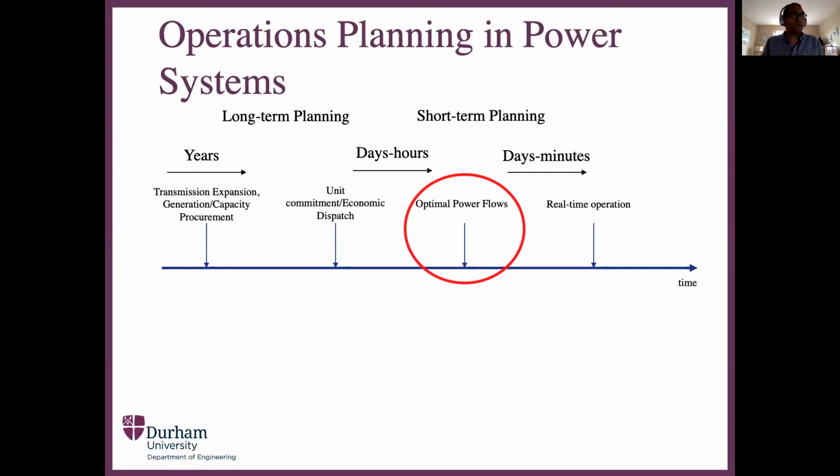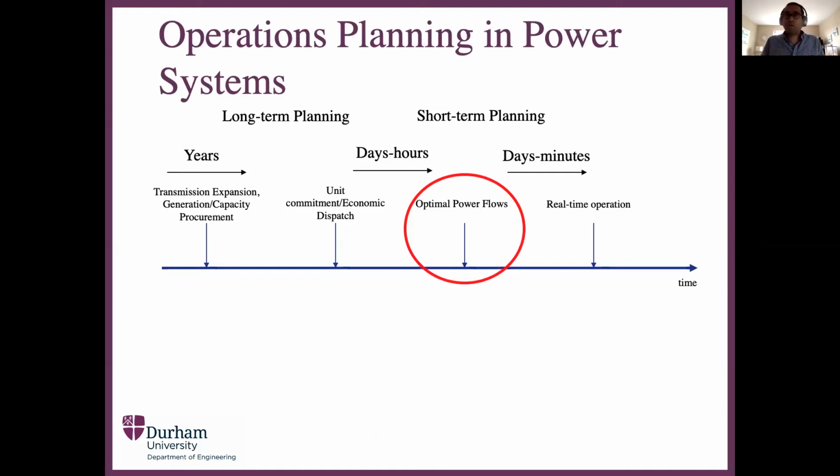Now, the operators use the optimal power flow to create normally an economic schedule, a schedule of their power generators in their system that is both stable and also cost effective, typically 24 hours in advance of real time. So they do have an idea of what the demand variation is going to be in 24 hours' time.